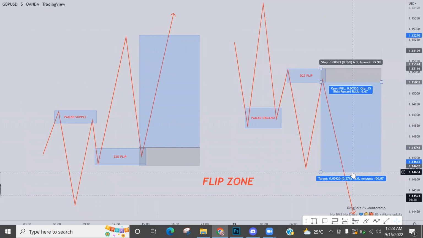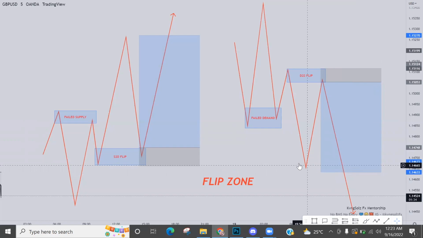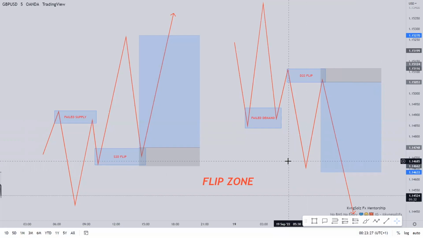So it was just so intentional that today I had to trade the flip zone. Yesterday when I was giving you guys an example, I was doing it randomly because it wasn't something I had prepared for.